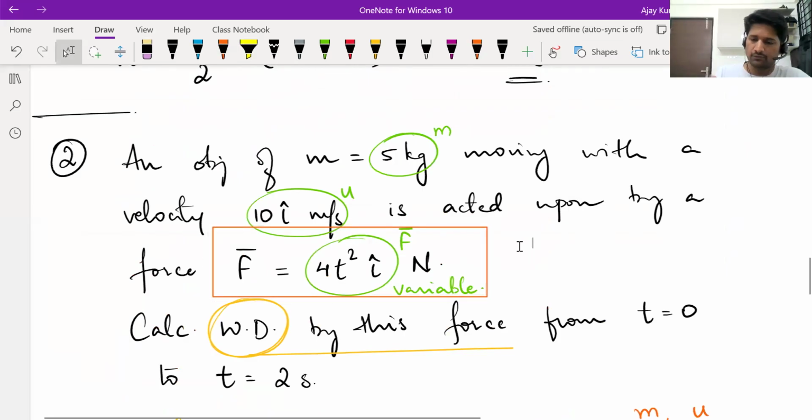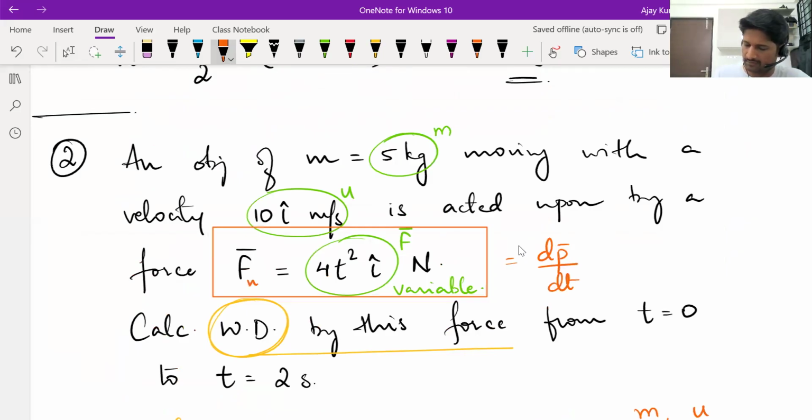So whenever force is given as a function of time, mentally you think of it as dp by dt, if you are sure that this is the net force. And from momentum you will get the final velocity. You can proceed that way also. It appears like a tough question, but once you know this idea, the next question you can solve easily.